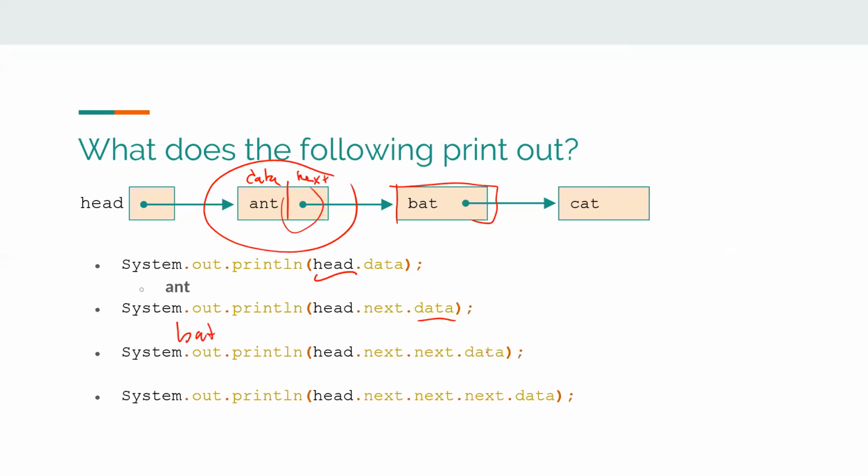You can say head.next.next.data and head.next.next.next.data to get the other two items. And it's showing you how you can go through the chain and access these different fields. And it seems cumbersome when with an array you could just refer to an index and get the value there. Here you kind of have to chain things together.